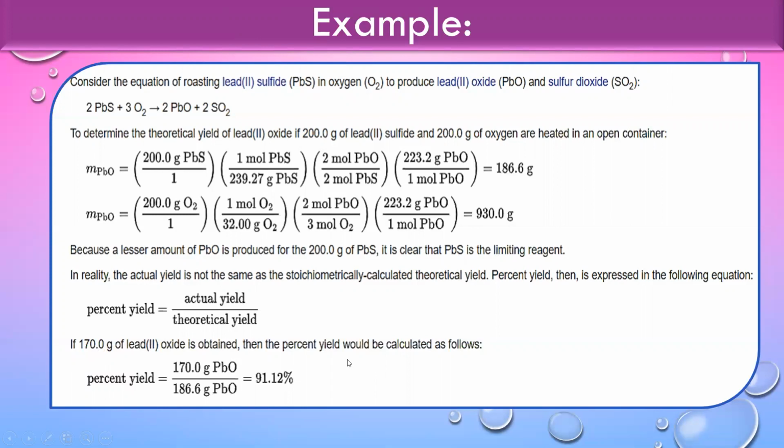Fine. So in short, we can say reactions are carried out with amounts of reactants that are different from the amounts required by a balanced chemical equation. In such a situation, one reactant is in more amount than the amount required by the balanced chemical reaction.